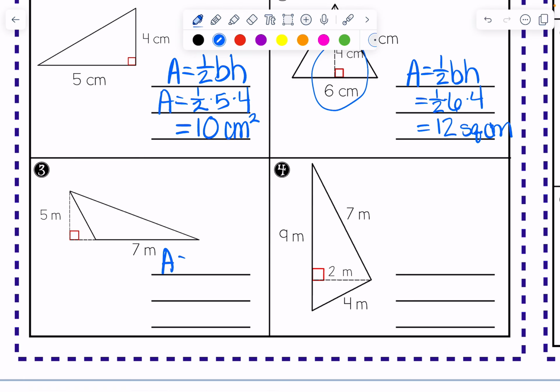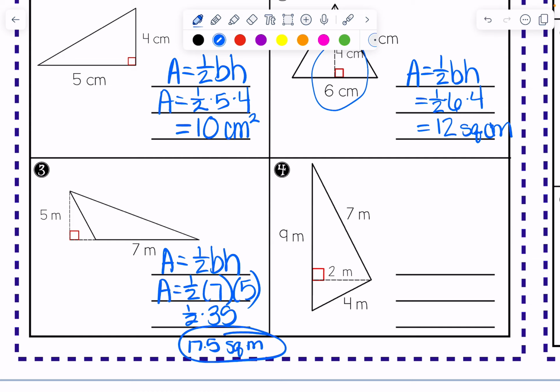Number 3, start with your area formula for a triangle. A equals 1/2 base times height. So I'm going to plug in my 7 and my 5. 7 times 5 is 35, and half of 35 is going to be 17.5 square meters. Over here, start with our formula.